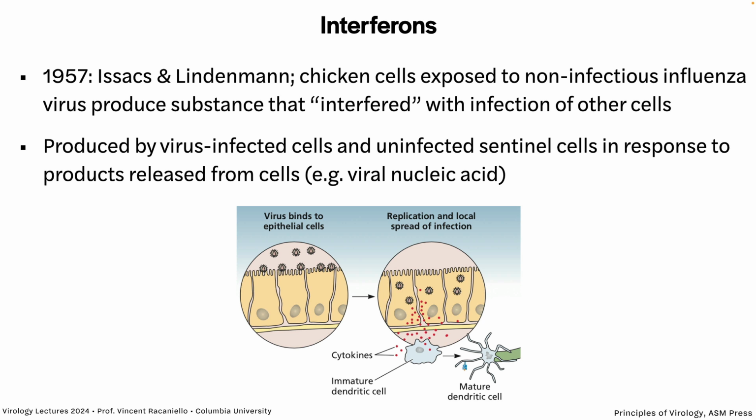So here, for example, is a sheet of epithelium somewhere in our body. It is being infected by viruses, and those infected cells detect virus infection through the innate immune system using the receptors I just talked about. They produce cytokines, which are proteins including interferons and other proteins, as we'll see in a moment.